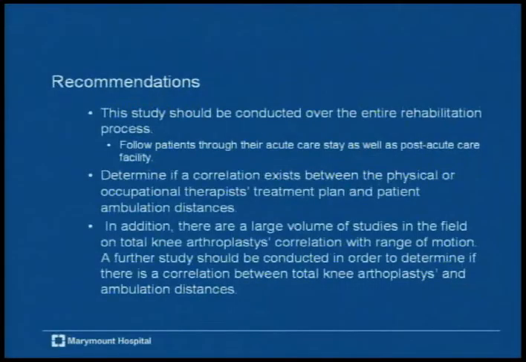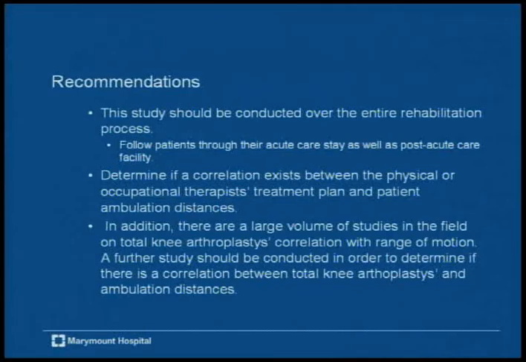It would be interesting to see if those patients with general anesthesia were able to catch up in rehabilitation with the femoral nerve block patients who had higher ambulation distances. This study should be completed over the entire rehabilitation process, following patients through their acute care stay as well as post-acute care facility.